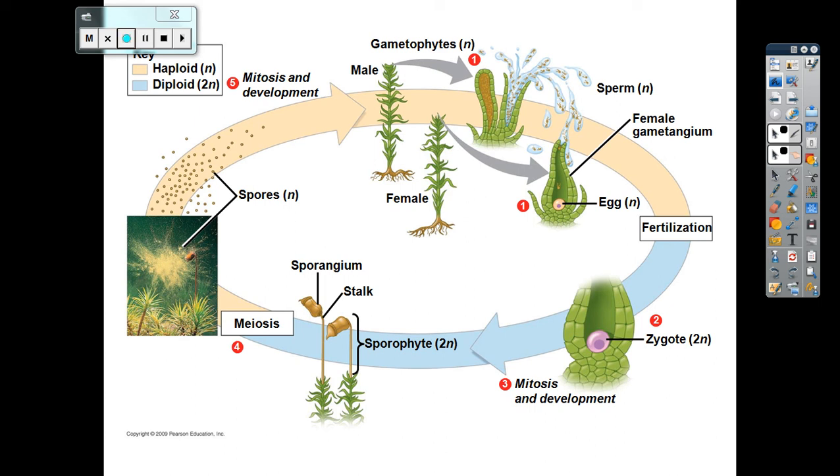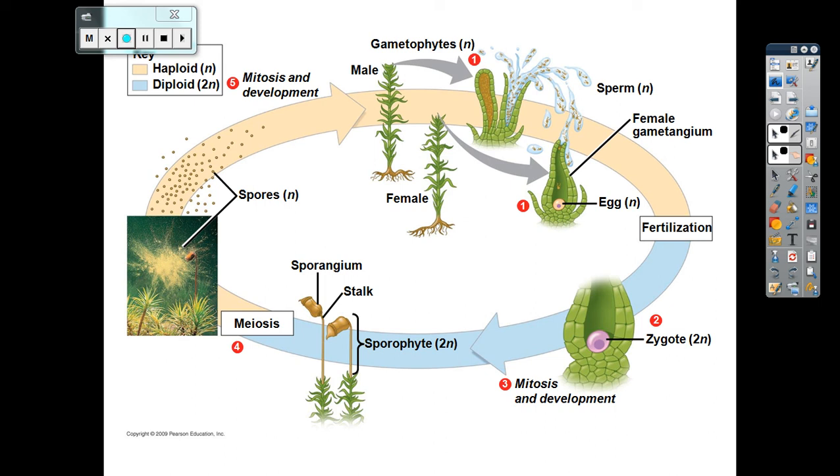And then the seed, remember we further divided into naked seed and enclosed seed plants. And remember the names for those, the actual names? This one started with a G. This one started with an A. Nobody?